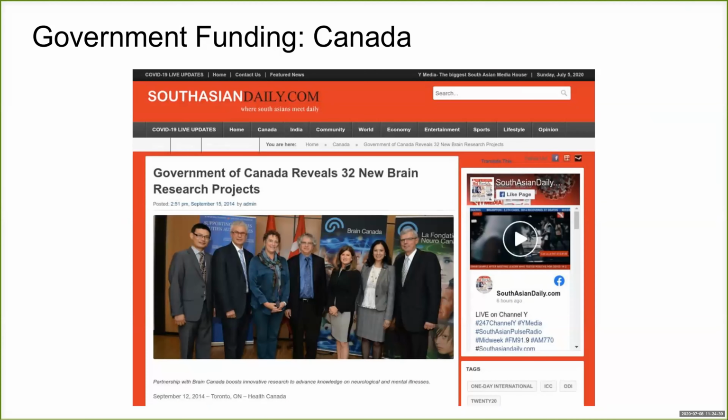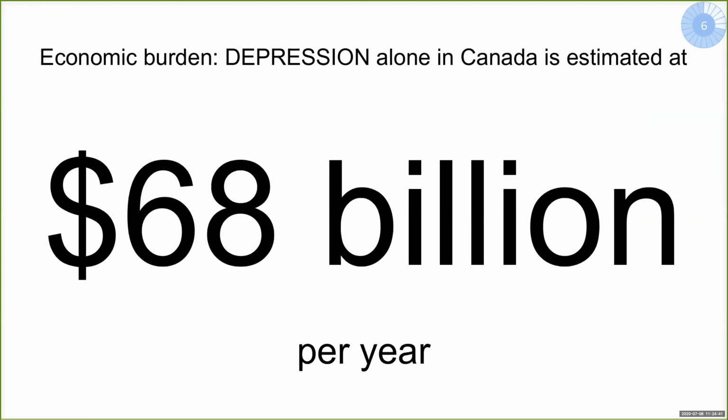Probably the best example of why they are interested in spending this money is the cost of mental illness for each government per year. For instance, depression alone costs about $68 billion per year.